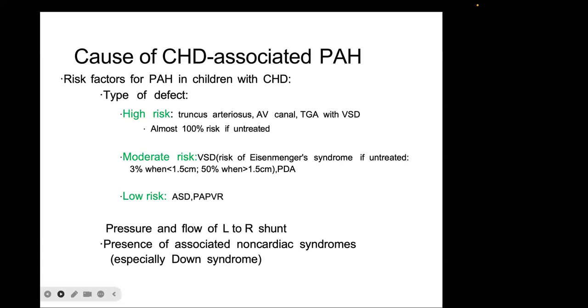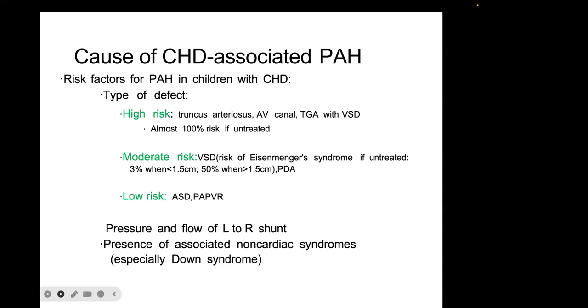Causes of congenital heart disease associated with PH: risk factors for pulmonary arterial hypertension in children with congenital heart disease. Type of defect: high risk, moderate risk, and low risk. High risk: truncus arteriosus, AV canal, TGA with VSD, almost 100% risk if untreated.